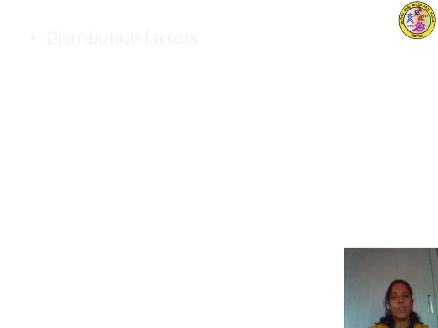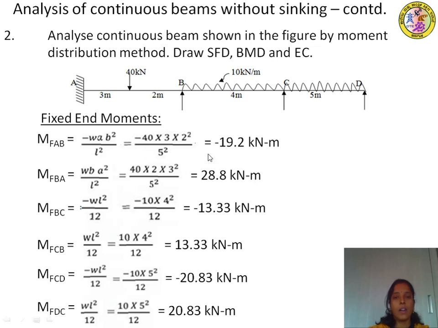Next step is to calculate the distribution factors. The distribution factors are calculated only for the intermediate joints. In this case we have two intermediate joints B and C. Under B we have two members BA and BC, and under C we have two members CB and CD.